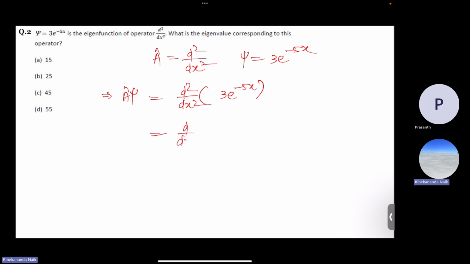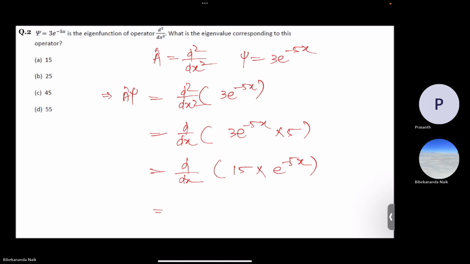So it will be d by dx of 3 e to the power minus 5x into 5, then d by dx of 15 e to the power minus 5x, then again 15 into 5 into e to the power minus 5x. It will be 75 e to the power minus 5x.